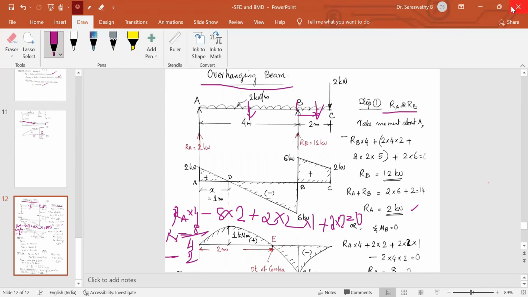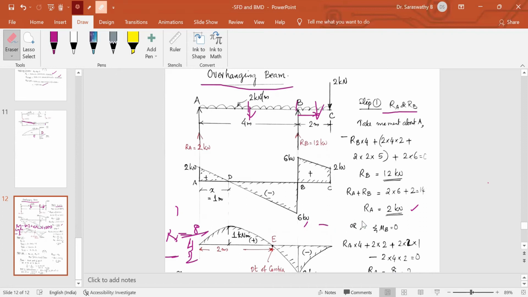So you can either take moment about B and get RA first, or you can take moment about A and get RB first. Either way is correct. As we have done here, we have taken moment about A. We have taken the total loads, moment about A. All these loads will produce clockwise moment, so that is written first.